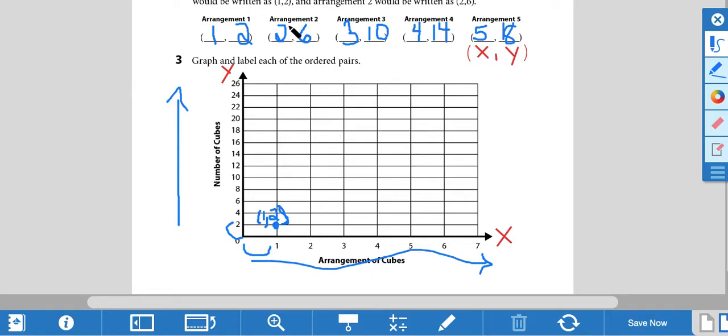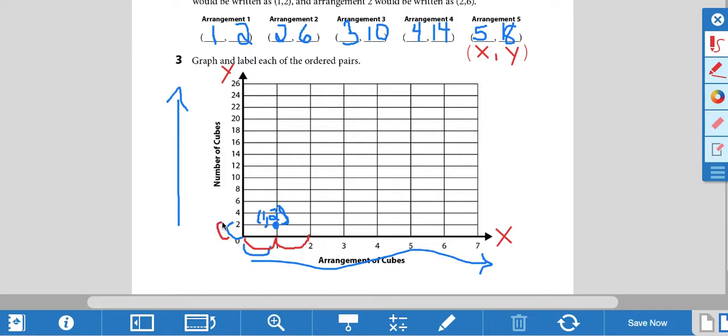So then our next arrangement would be 2 and 6. I'll change colors so it's easier to see. We're going to go over 2 and up to 6. So I'm here, and now I have to go up the y-axis to 6.